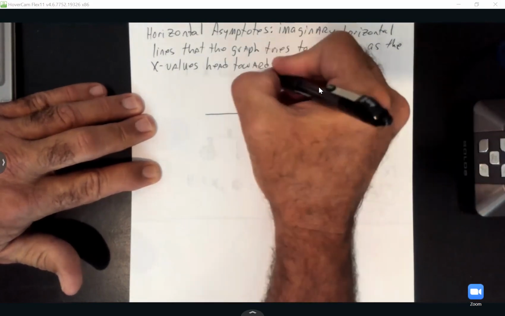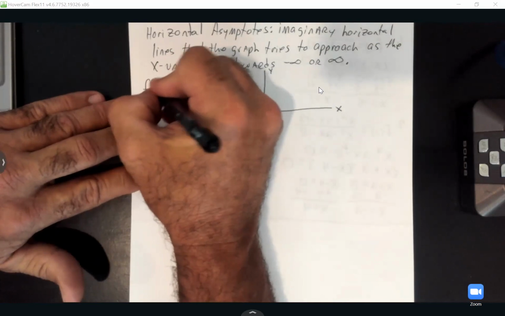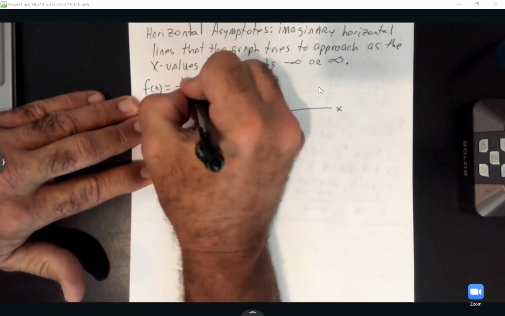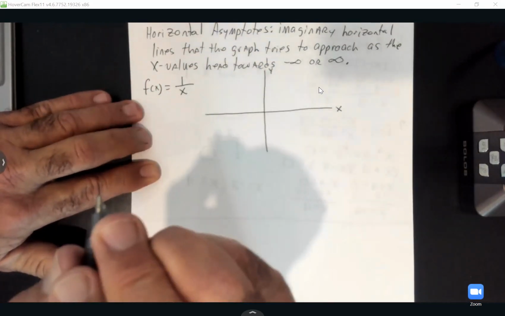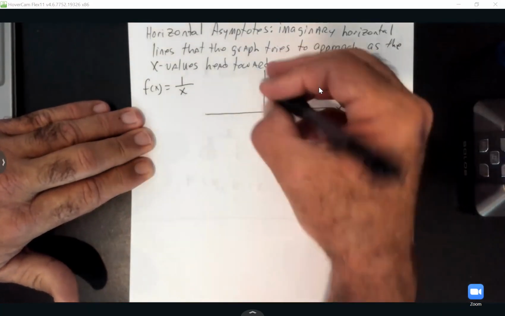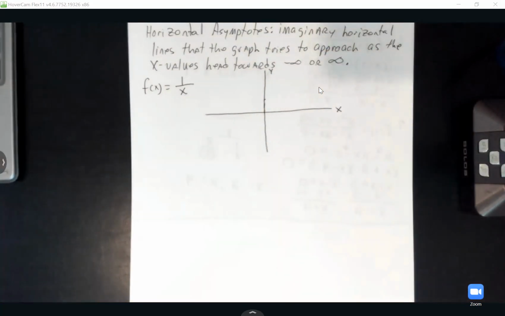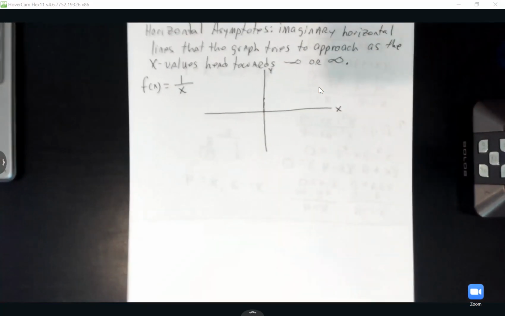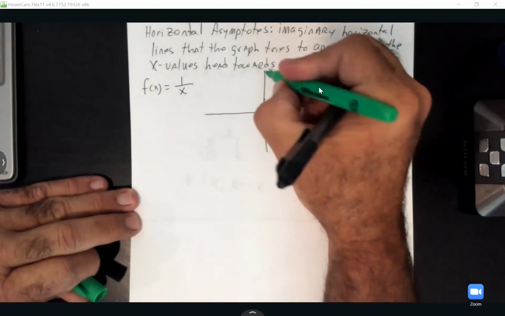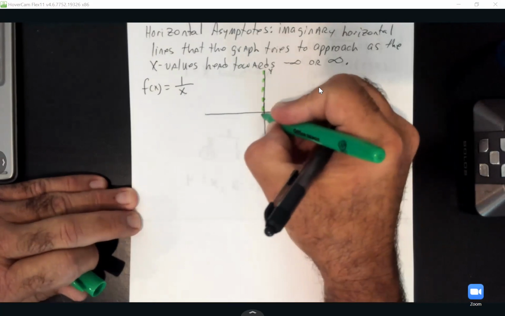So there's my X and my Y. So say my function was just 1 over X. Now we know that's going to be undefined at 0. At 0 here, you cannot cross. So we know the vertical asymptote will be at 0 because that's the only number I could put in it that would make that thing undefined.